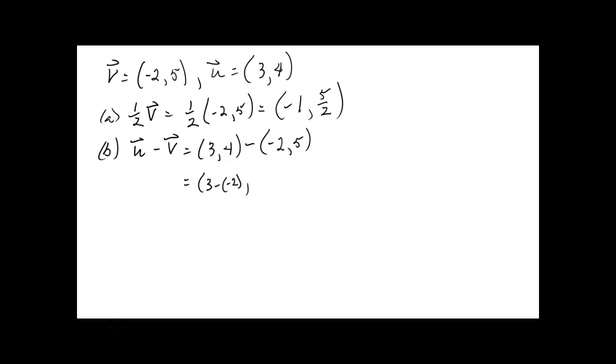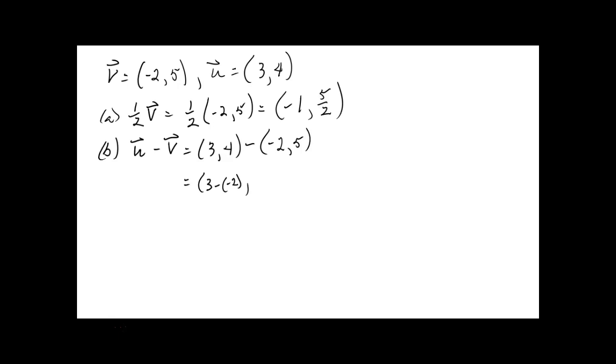So what we're doing on the b part here, I already did the a part, we're doing vector u minus vector v. In component notation, which is the way to do it with vectors, that's (3, 4), vector u, minus vector v, which is (-2, 5). How do you subtract vectors? You subtract them component by component.